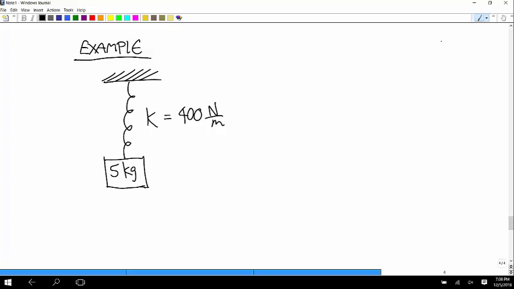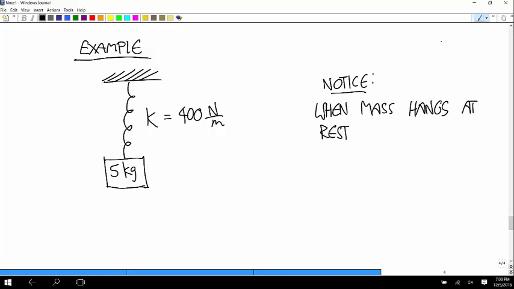So now notice that when this mass is just hanging there, the spring is no longer at its resting length. Does that make sense? So when the mass hangs at rest, the spring is not at its resting length.